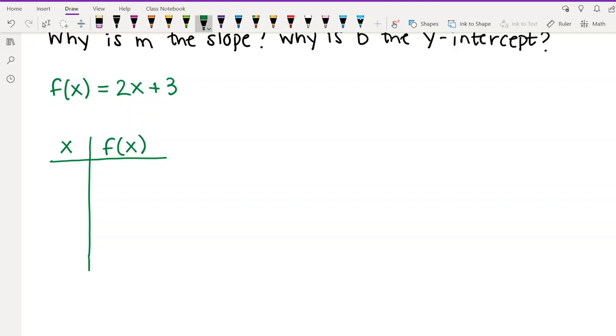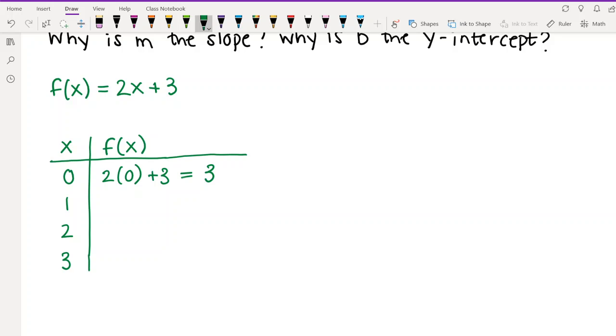So let's make a table with just a few values. We're going to do 0, 1, 2, and 3. I'm going to write out the long way how we calculate our answer, and then we'll write the answer for f of x. Okay, so let's say we're plugging in 0. f of 0 would be 2 times 0 plus 3, and that would give us an answer of 3.